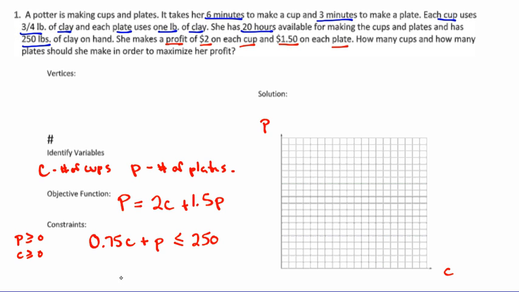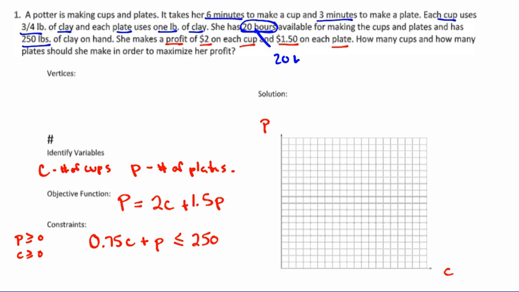All right, and then in addition to that, we have an equation that has to do with the time it takes. So we got 6 minutes and 3 minutes, and they tell us we have 20 hours. So our options would be possibly to put these into hours, but I think what I'm going to do is turn this into minutes.